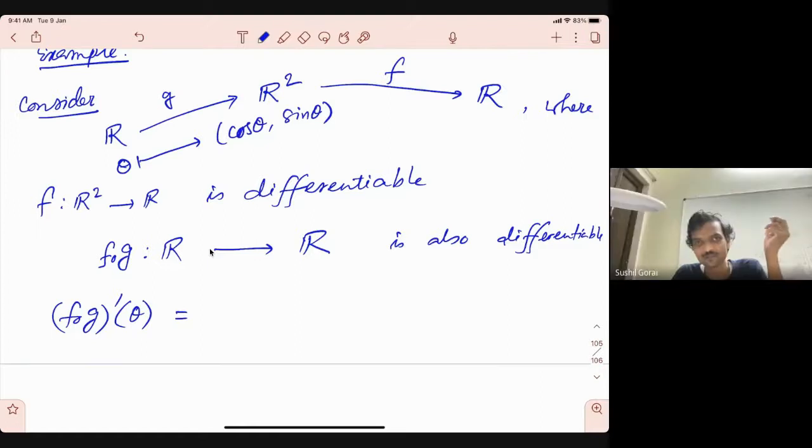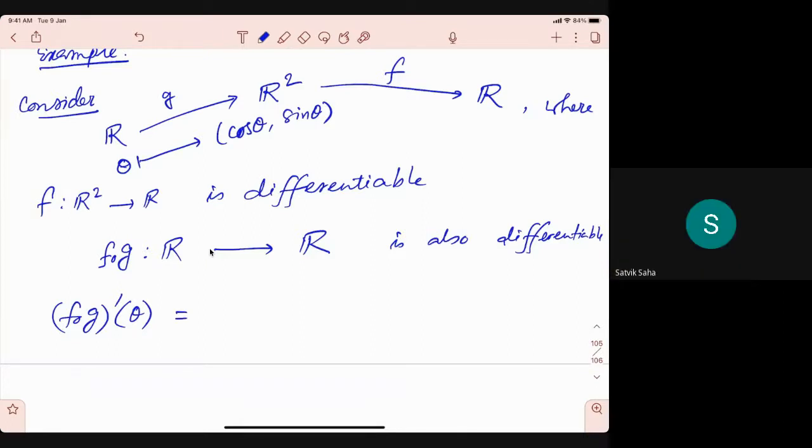Okay, sir, so you give it in terms of partial derivatives of f.